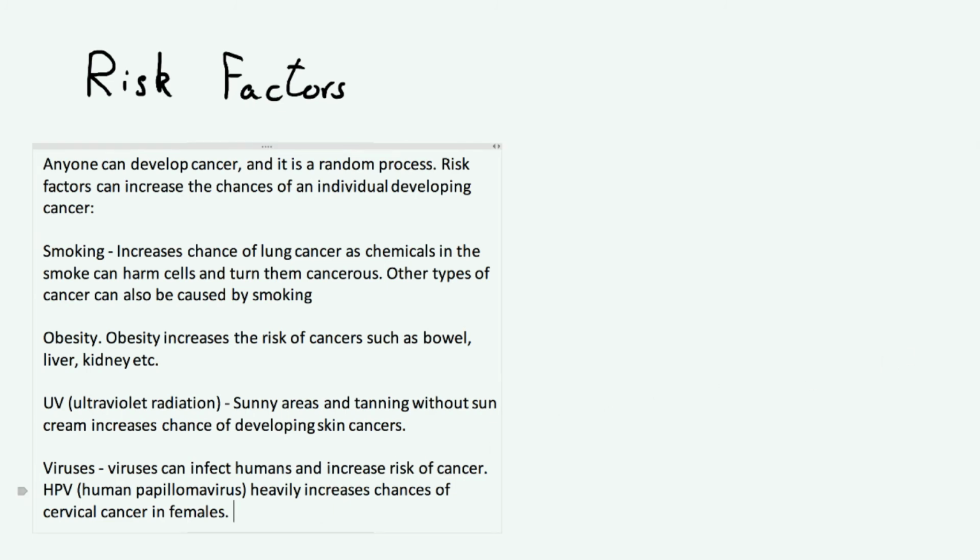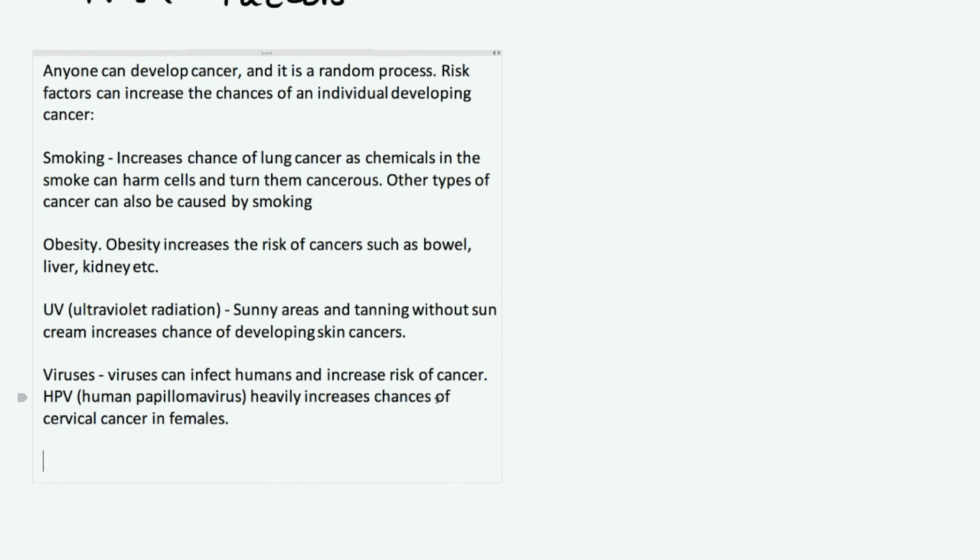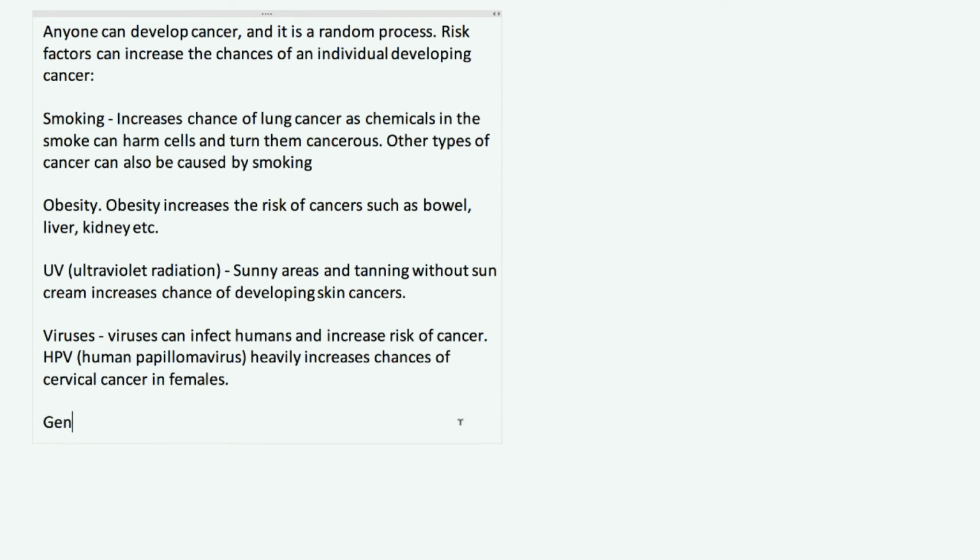And lastly, we have genetics. Even though we have all these things which can cause cancer or increase the chances of cancer, our genetics can also make us more or less susceptible to cancers. Some inherited genes can increase or decrease the chances of us developing cancer.